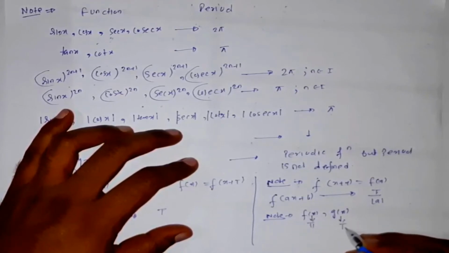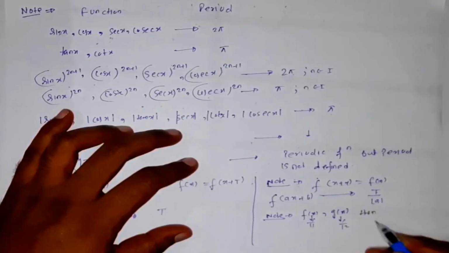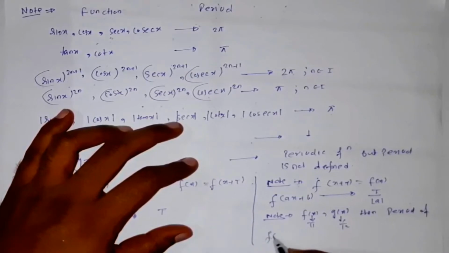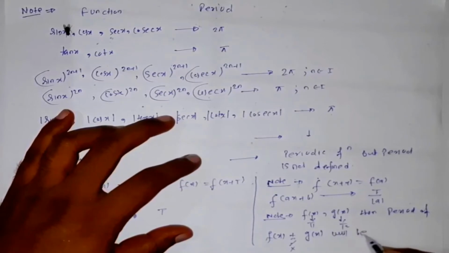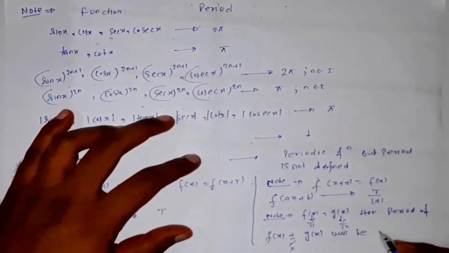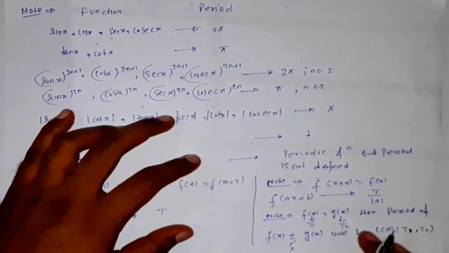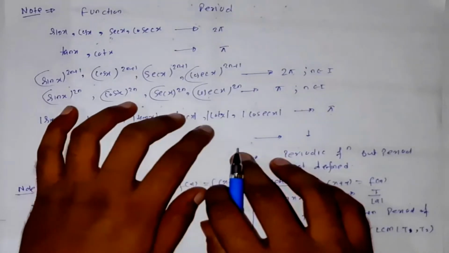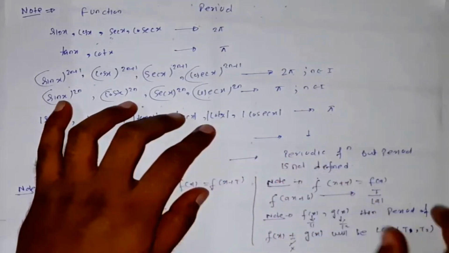Okay, then the period of f of x plus or minus, division or multiplication, g of x will be the LCM of t1 and t2. I hope it is clear. This is a simple note. We will see some examples based on this. Okay, we will see the examples on the next page.